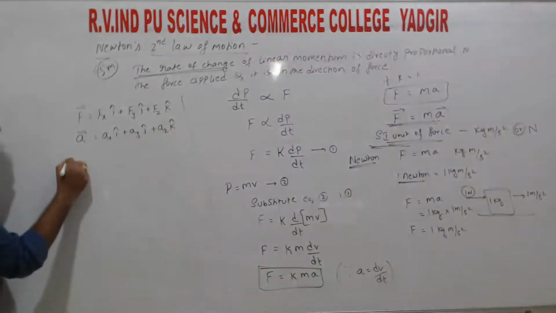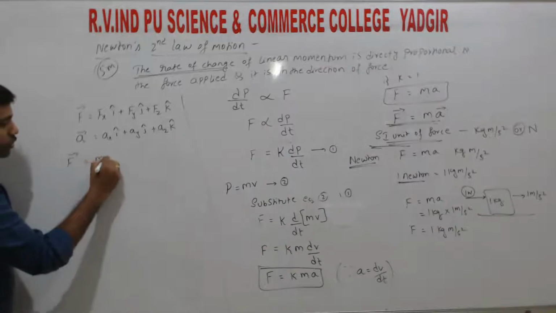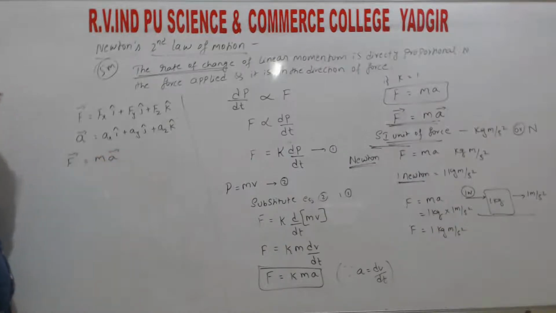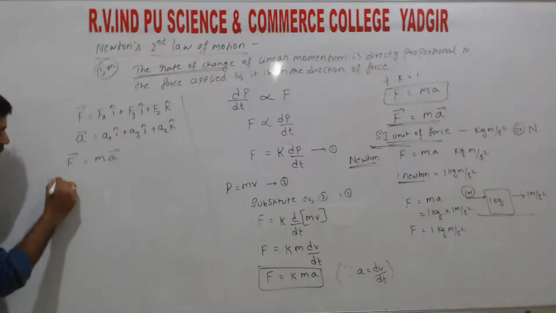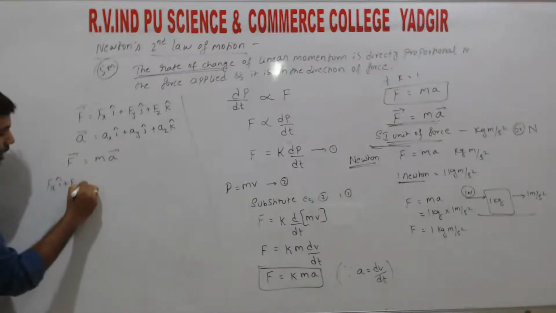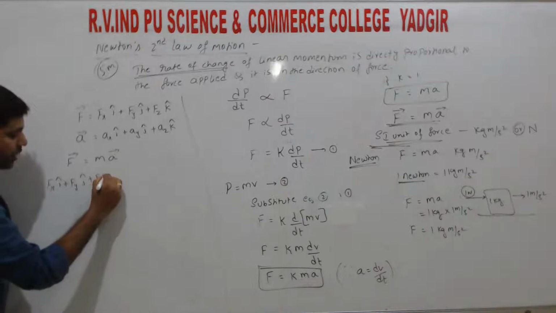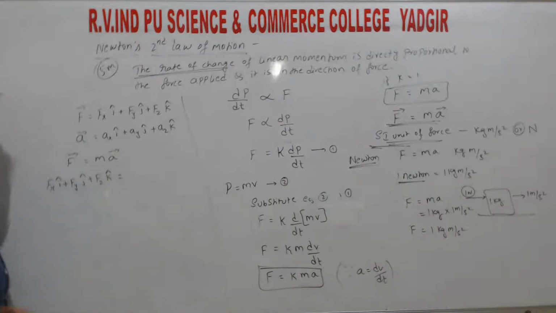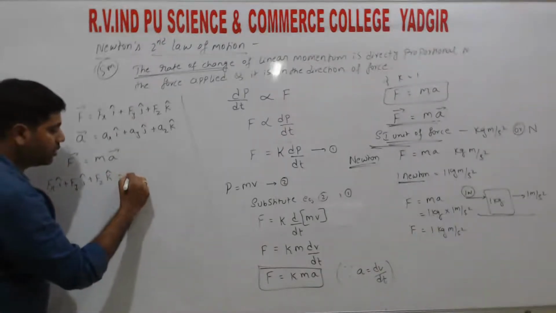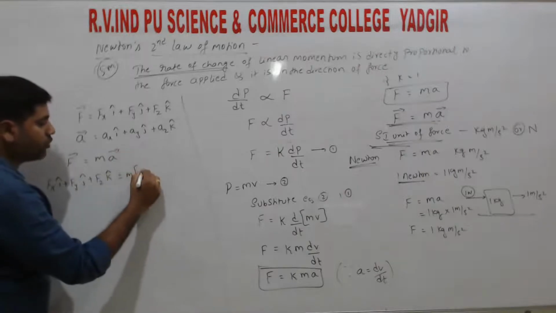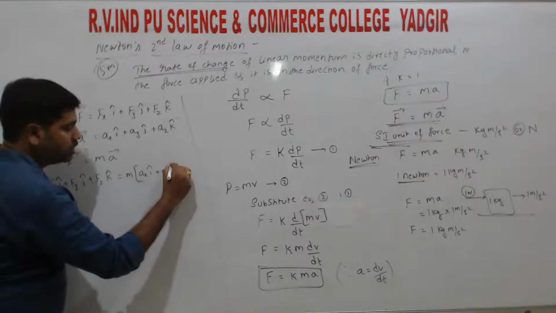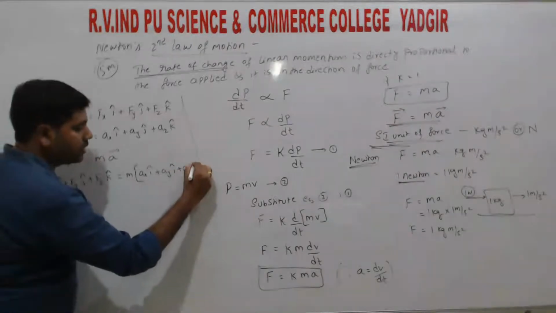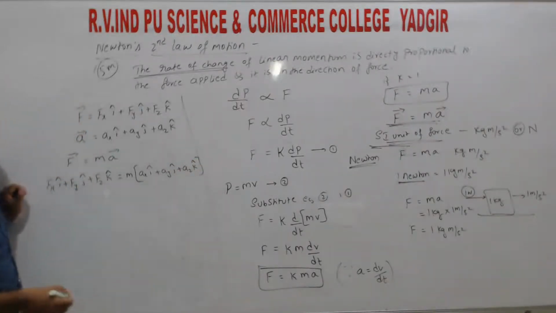So we have the formula F is equals to m into a, right? So for the force we can write Fx i cap plus Fy j cap plus Fz k cap, that is equals to mass, which is a scalar, keeping as is, and substituting for a, ax i cap plus ay j cap plus az k cap, right?